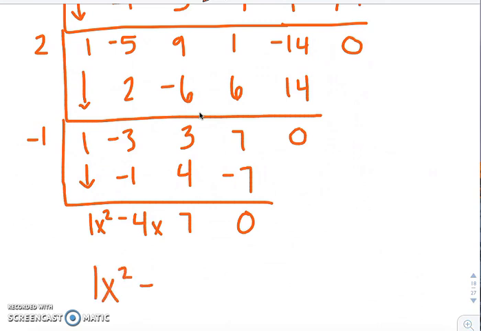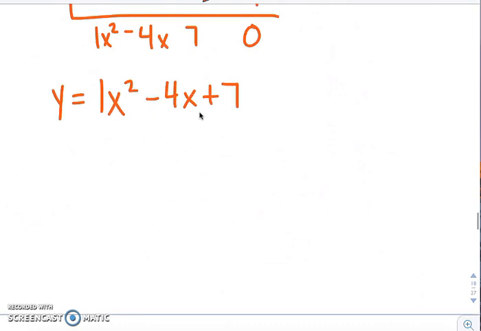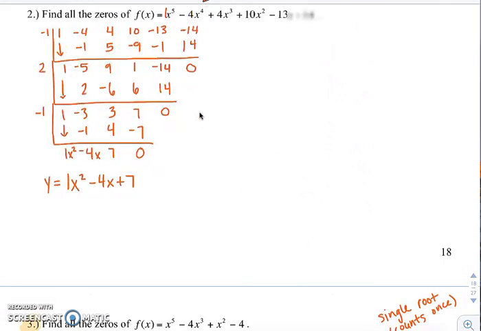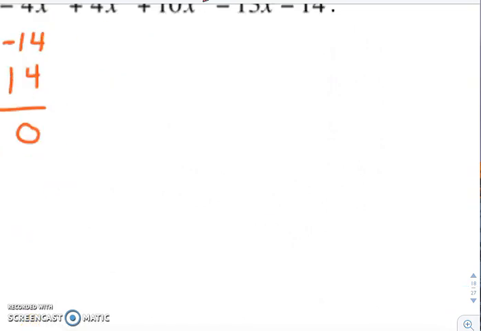So 1x squared minus 4x plus 7 is what you are left with, that you have to now find the two solutions to. We can't factor it, so we will have to use the quadratic formula. So a is our 1, -4 is our b, and 7 is our c.